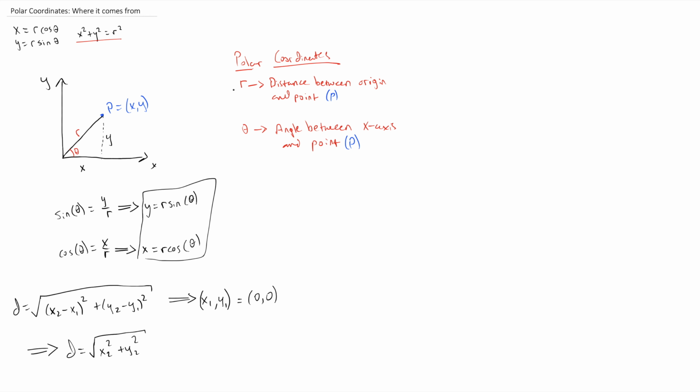Well, in polar coordinates, that's precisely the definition of r. And so we can go ahead and make some substitutions here. We say r equals the square root, I'm just going to drop the subscript here, of x squared plus y squared. So r equals the square root of x squared plus y squared. Square both sides, and we get r squared equals x squared plus y squared. And that is where this relationship comes from.